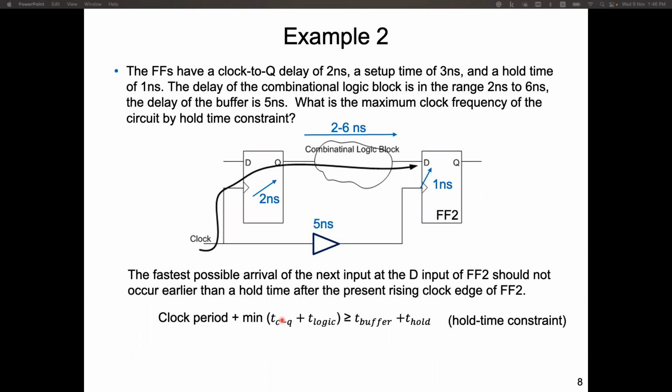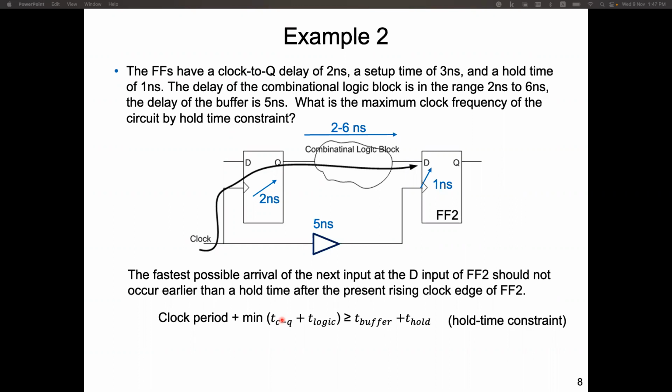Which means D here, let's call this D2, should not change. D2 should be steady in this time period. It's the hold time constraint.